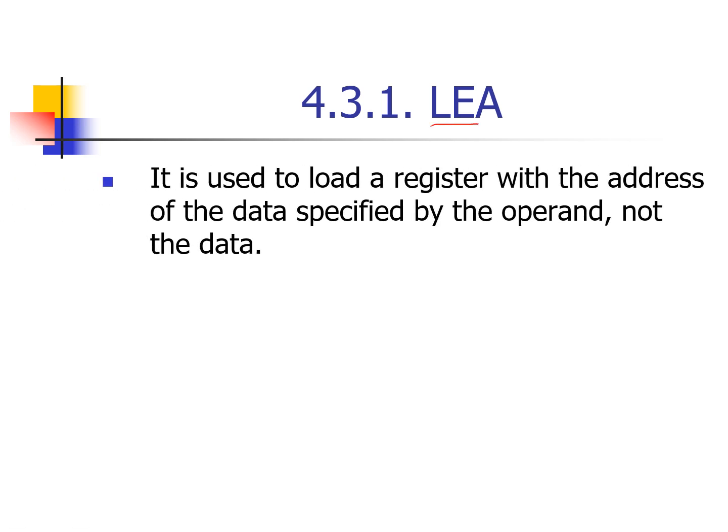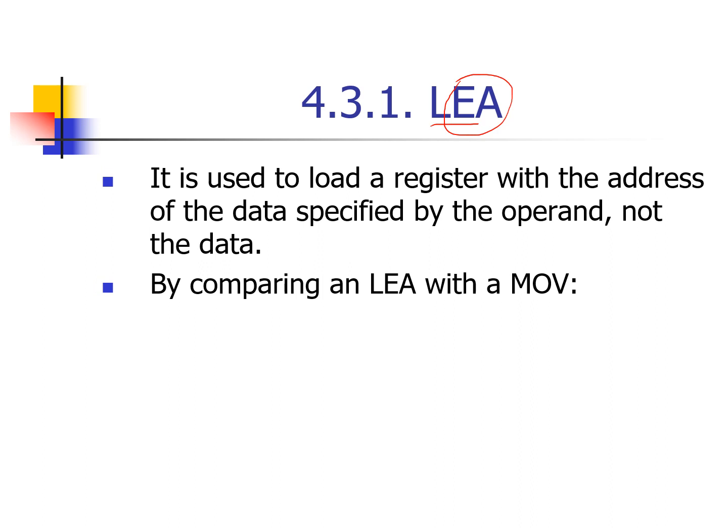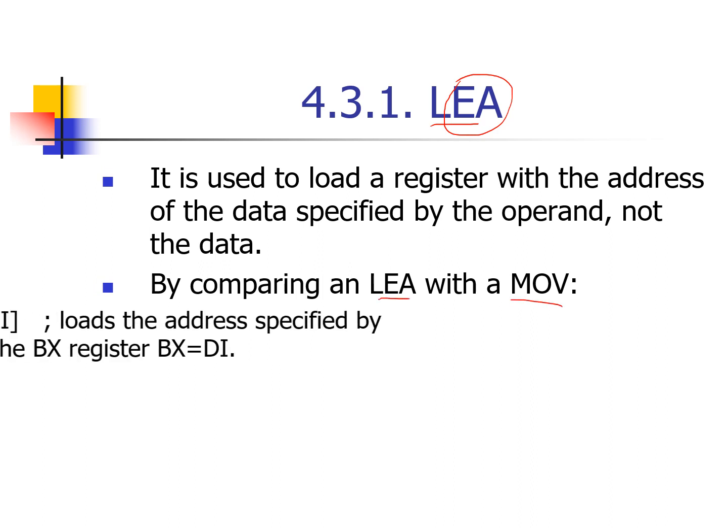Okay, the load effective address. As we mentioned, it is used to store the effective address in a 16-bit register. So what is the difference between load effective address and move? Here is the difference.